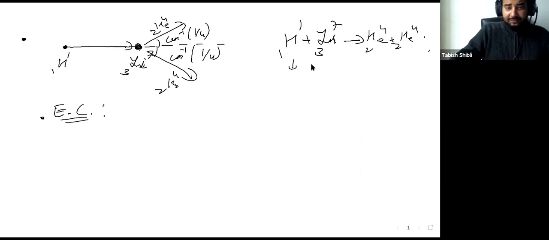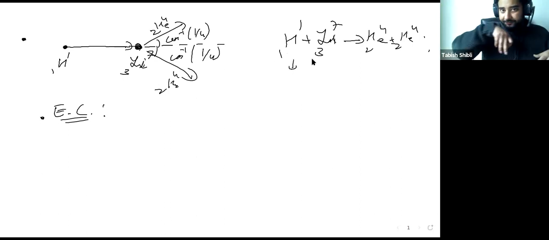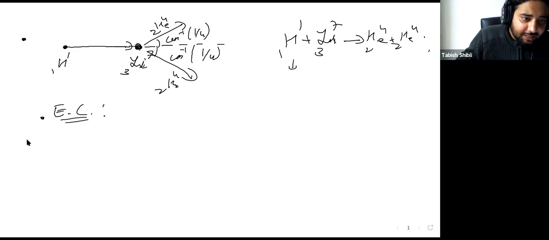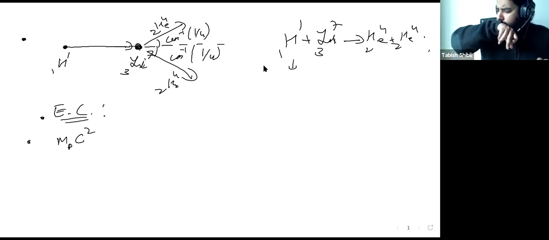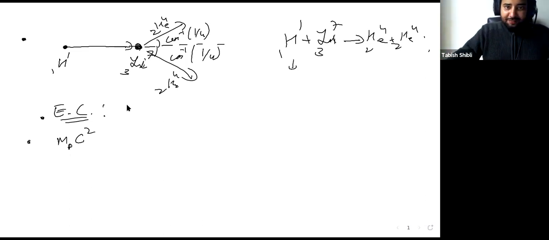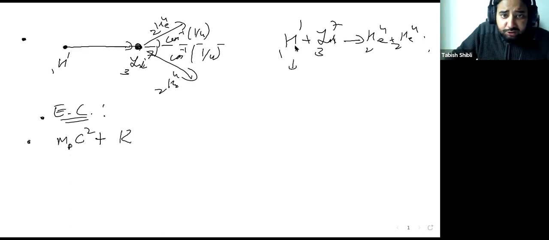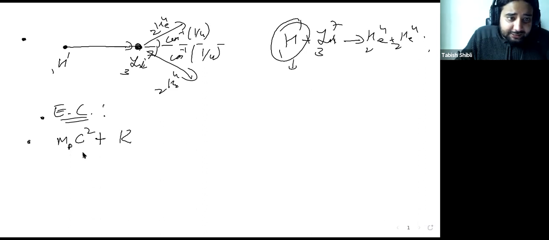Well, you have the mass energy of the proton, let's just call it mp c square. So mp will be the mass of the proton or the mass of the hydrogen nucleus, same thing, multiplied by c square. That's the first term here, plus some kinetic energy. Let's call that kinetic energy capital K. So the energy of this is just mp c square plus K.